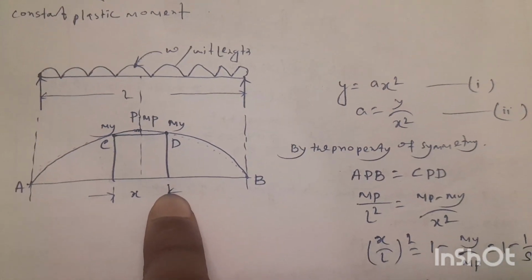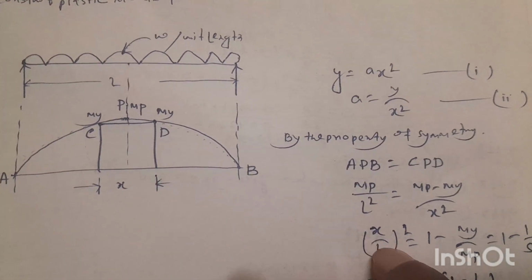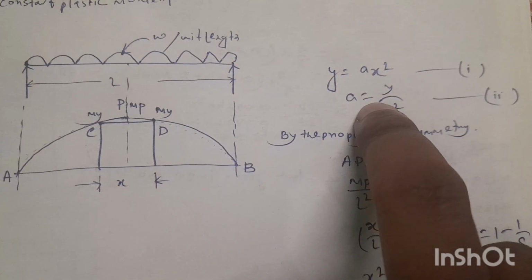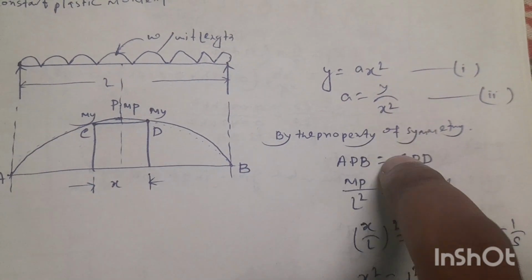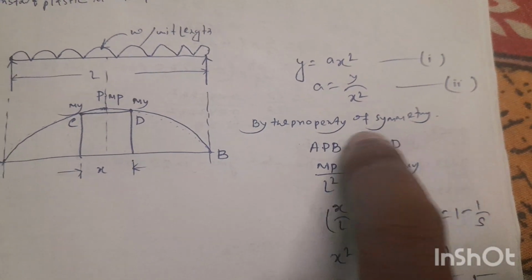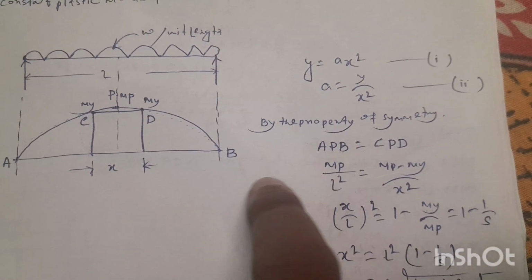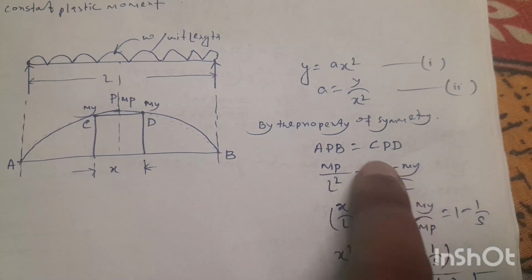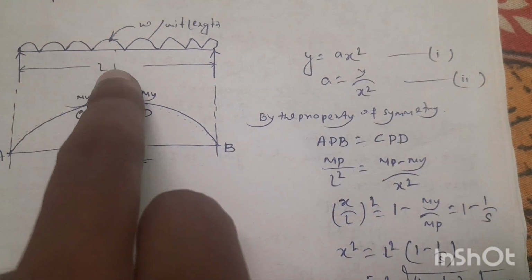So we know the formula from parabola, the constant A equal to y by x square. So by the property of symmetry we can write parabola APB is equal to parabola CPD.